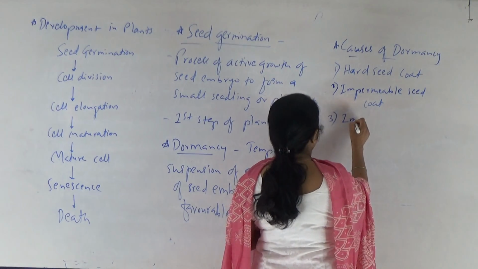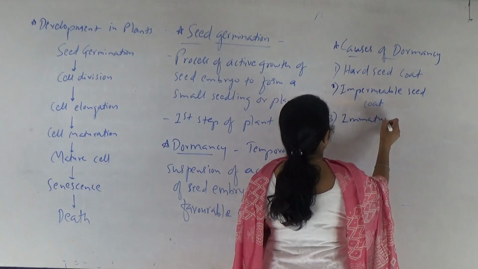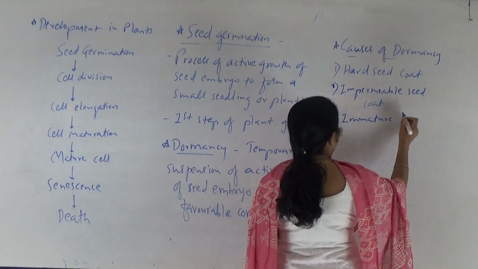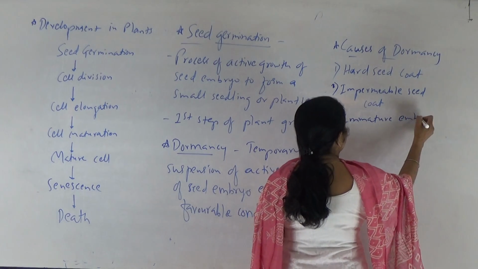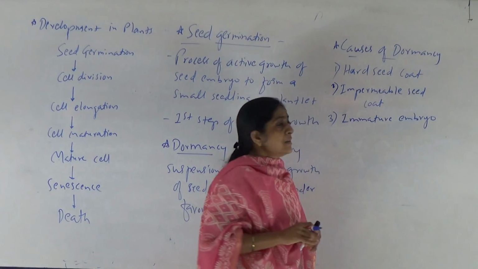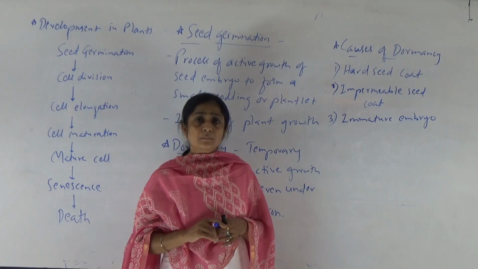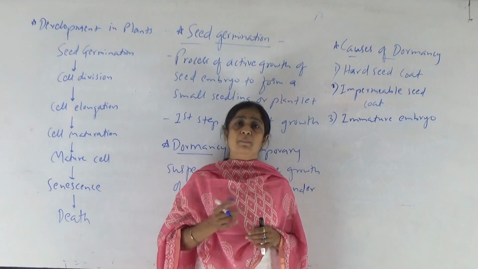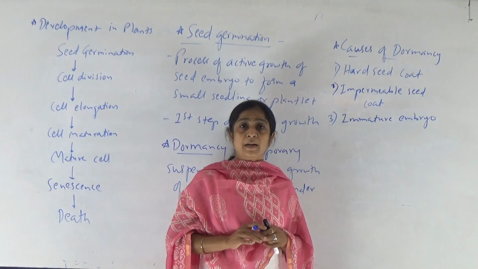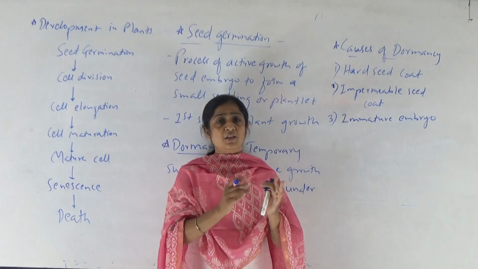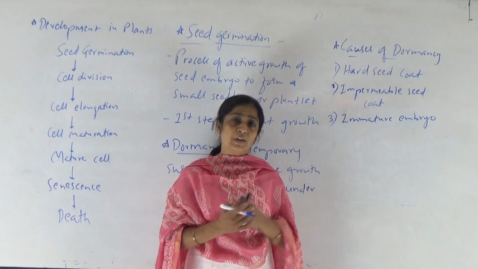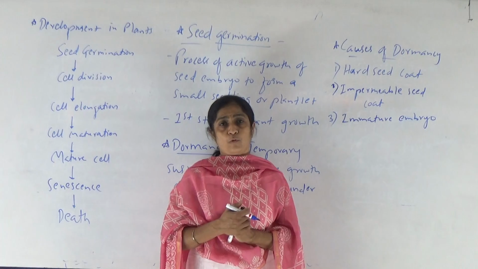Then the third reason, that is immature embryo, or immature growth of the embryo. Sometimes what happens is, when fertilization occurs in the plant, especially double fertilization, then after double fertilization the ovule starts converting into the seed and the ovary converts into the fruit. That we had seen already in morphology, right?